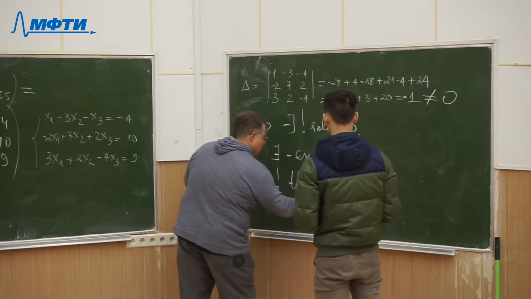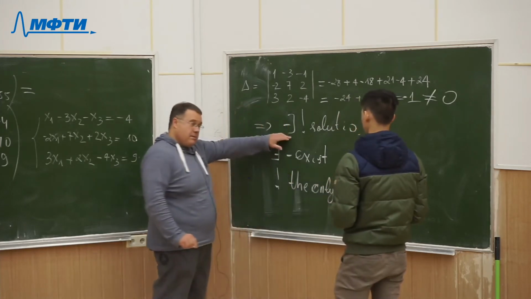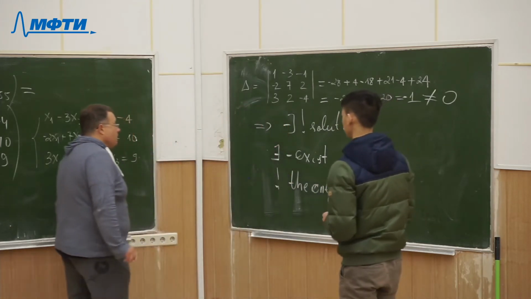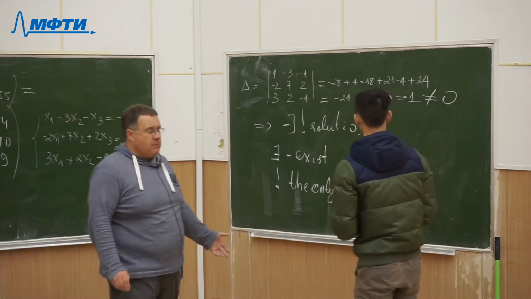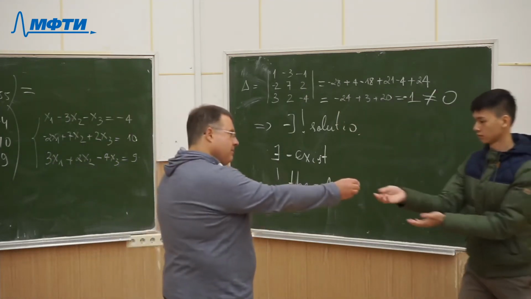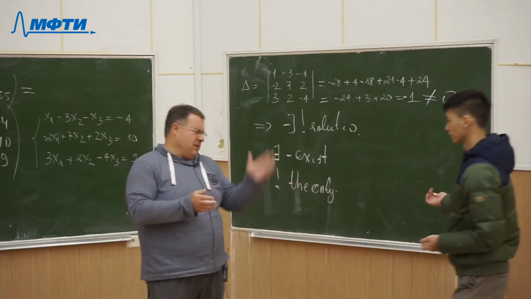So then we can calculate this solution using Cramer's rule. Yes? Maybe another student. Let's try.